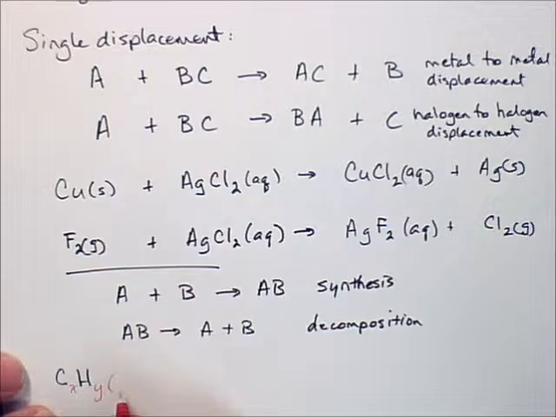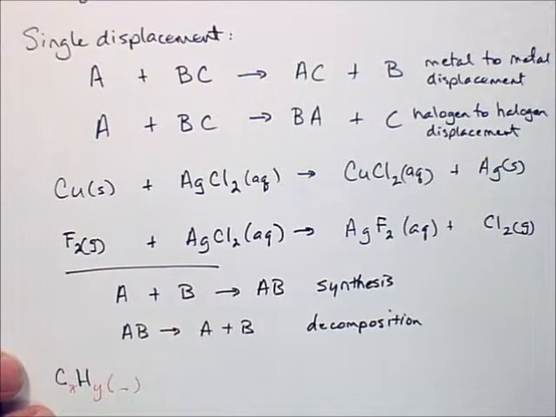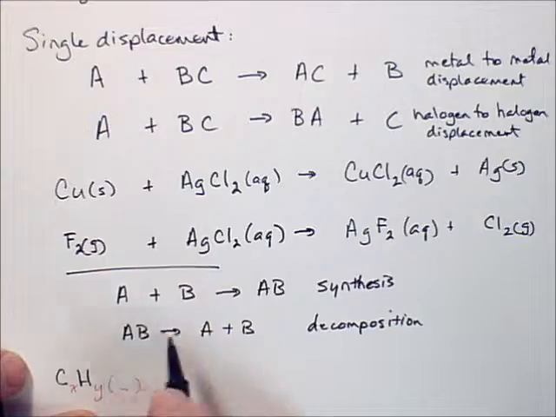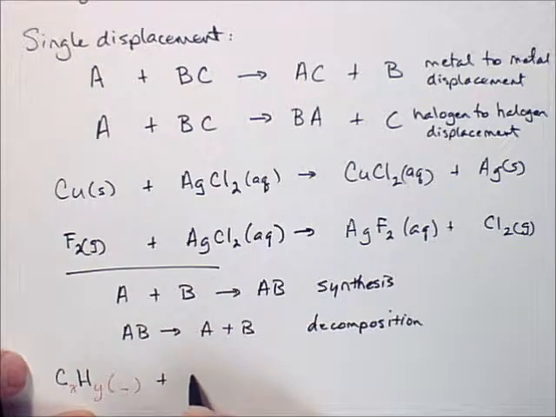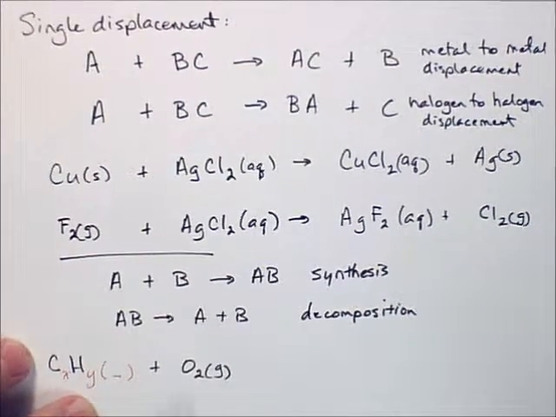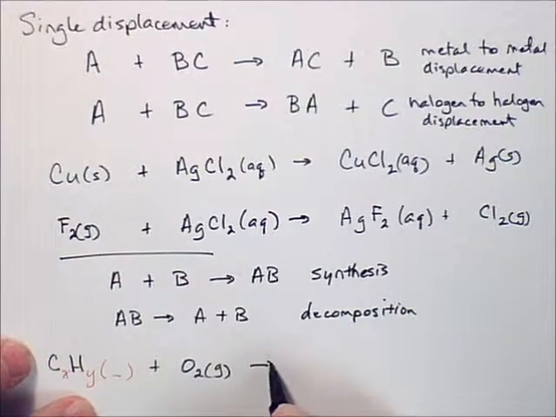What we also don't know is what its physical state is going to be. Some of them will be gases, some will be liquids, some will be solids. But this hydrocarbon always reacts with atmospheric oxygen. O2 is atmospheric oxygen, and it's always a gas.